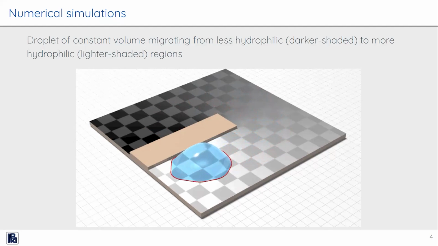And naturally, the droplet migrates towards the more hydrophilic region. Now, even though this is a simulation that was carried out with a reduced order model, it still took around 2 days on a high-performance computing node. So you can understand that if we want to run many such simulations using more realistic scenarios, DNS, then we are talking about a big computational cost.